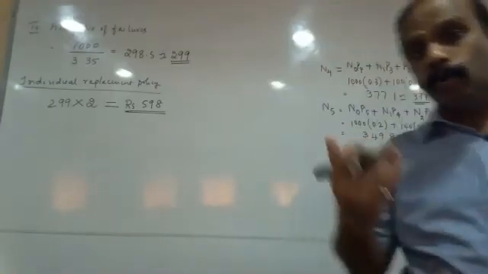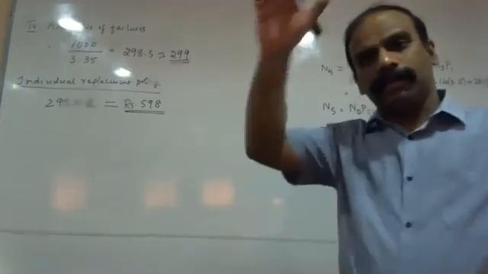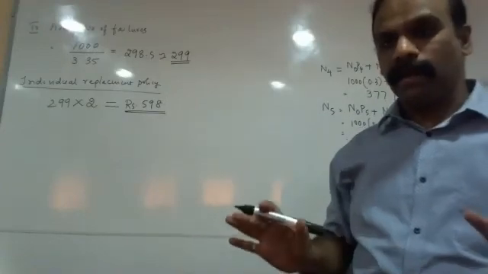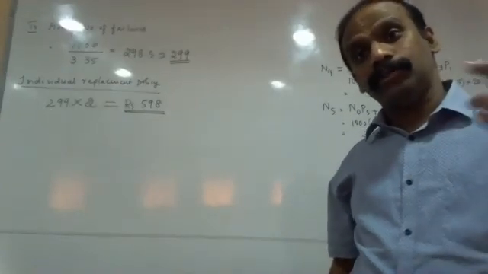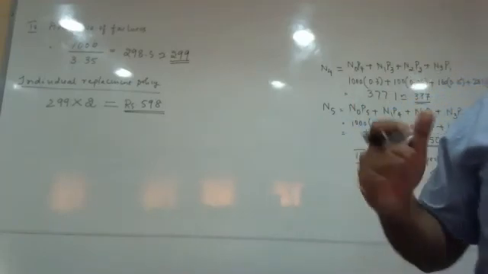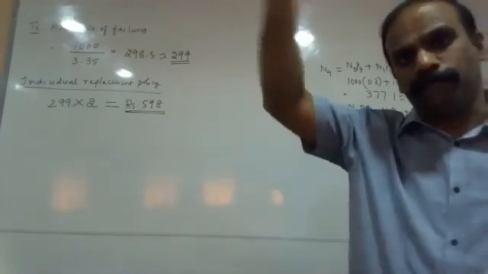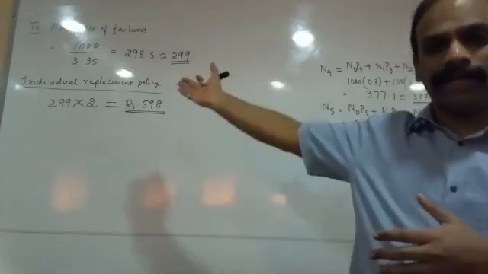But when applying the group replacement policy, it is not directly multiplying 1000 into 50 paise and saying it's 500 rupees. No, it doesn't work that way, because group replacement policy is an amalgamation of individual policy also. So the whole logic is entirely different here. We cannot simply multiply 1000 bulbs into 50 paise, write it as 500 rupees and say 500 versus 598, that is better.